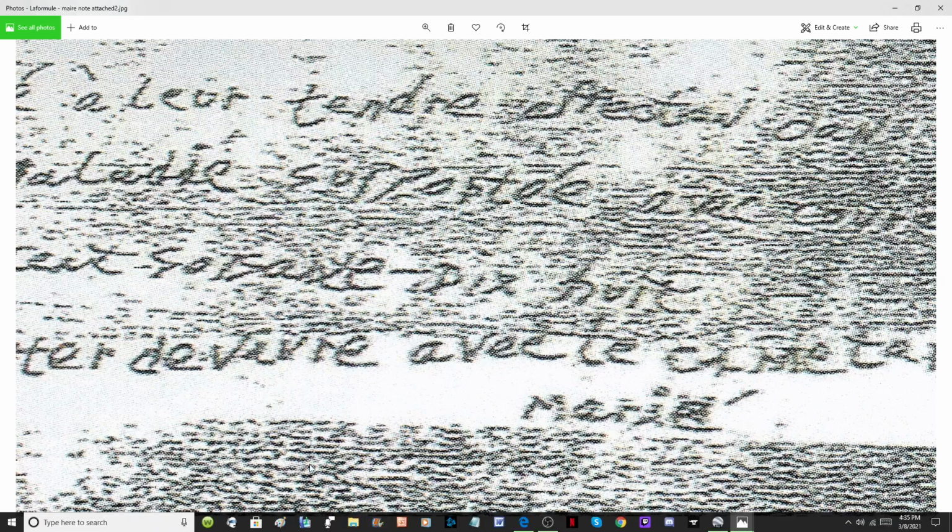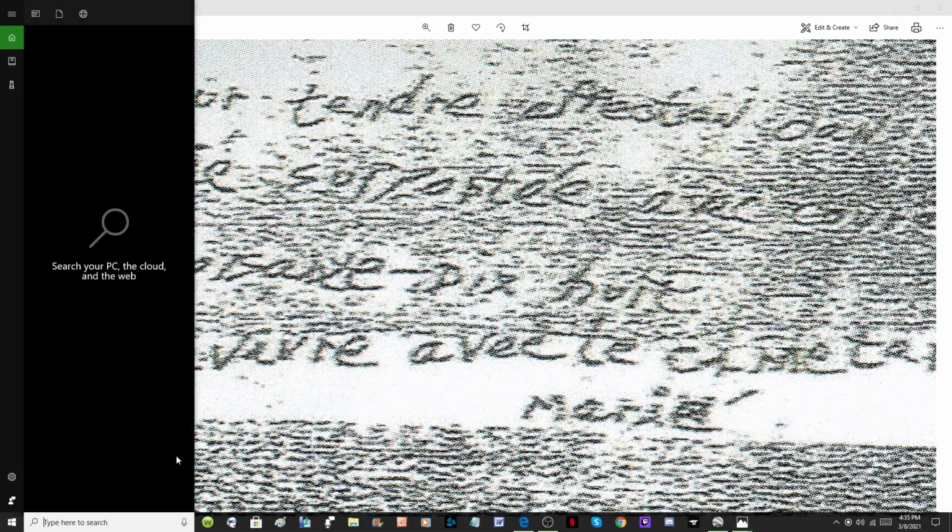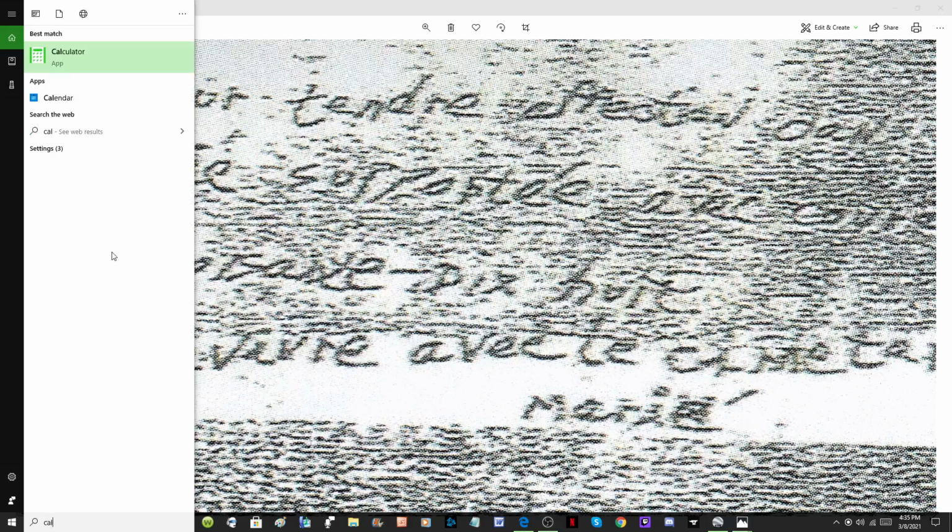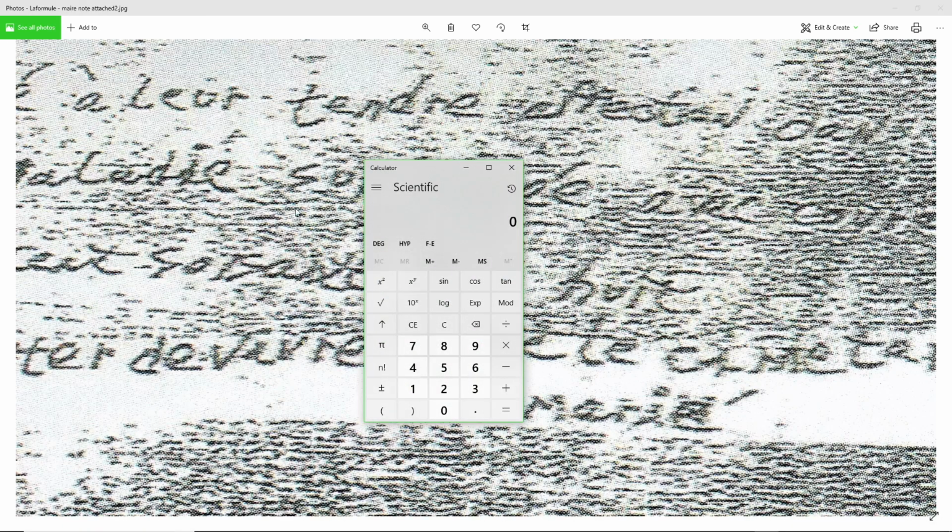But nevertheless, when you pull up the calculator here, you take 1 plus 7, which is January 7th, plus 1960, plus 18, you end up with 1986.